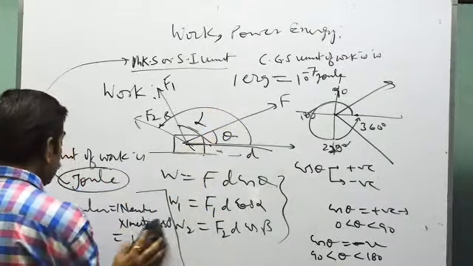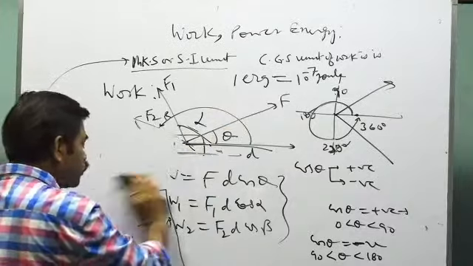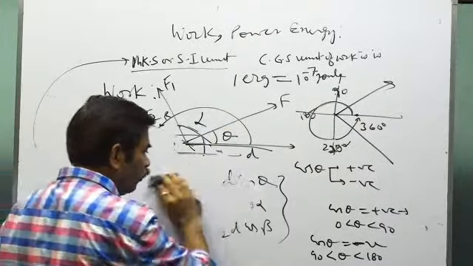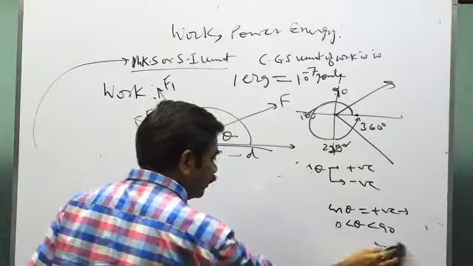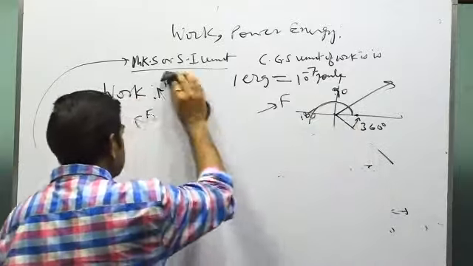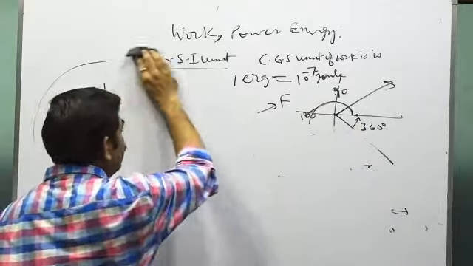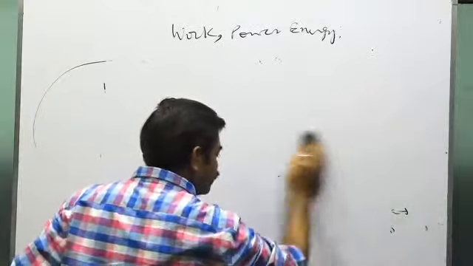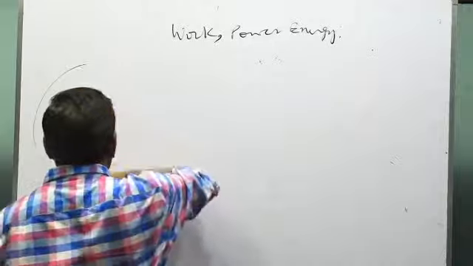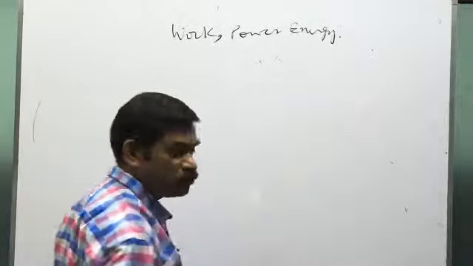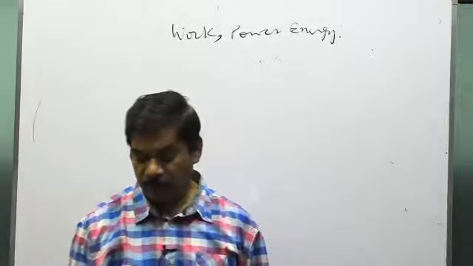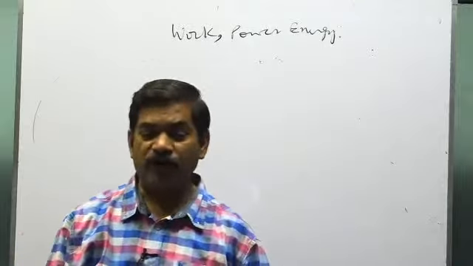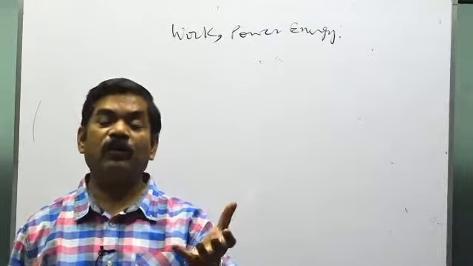Then I told you, if some force does positive work on a body, suppose the work done is 100 joules positive, that means 100 joules of energy has been given to the body. And if some force does negative work on a body, suppose the force does minus 50 joules of work, it means that force withdraws 50 joules of energy from that body.